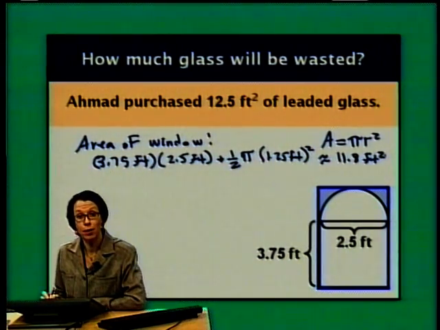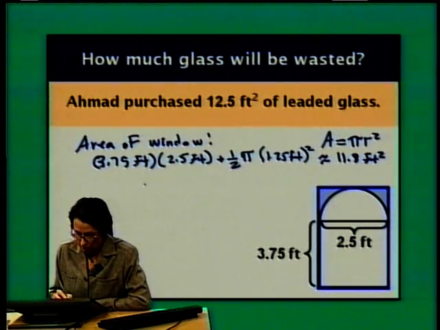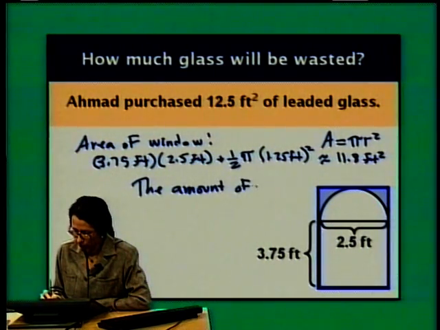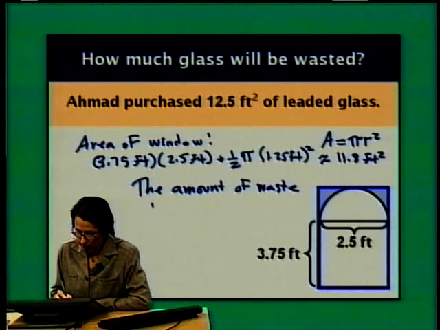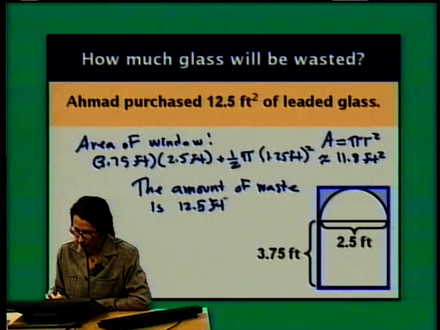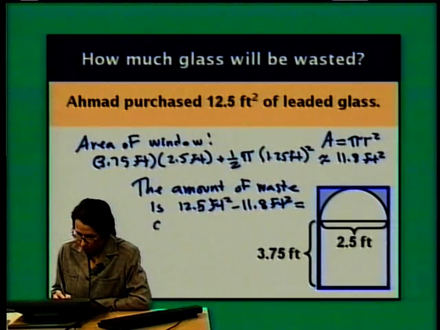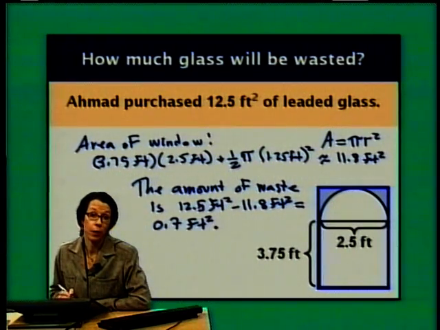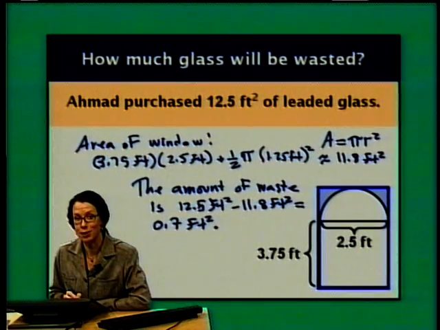So to calculate the waste, I'm going to subtract this from the amount of glass that Ahmad purchased. So the amount of waste is 12.5 square feet minus 11.8 square feet, which equals 0.7 square feet. And if we like, we can multiply that by the unit cost to see how much money was wasted as well.